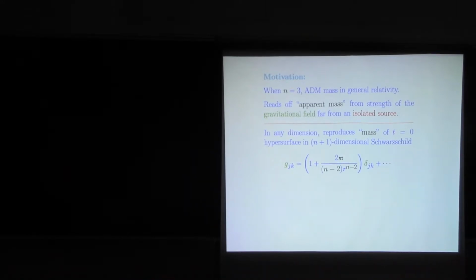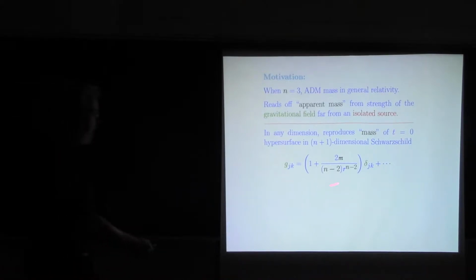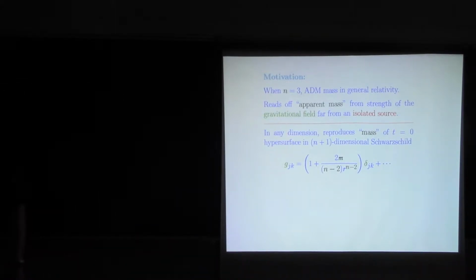So in this particular case, if you were to just forget about the higher order terms, the metric basically looks like the Euclidean metric times 1 plus a certain multiple of 1 over the radius to the n-2. This is a Green's function type of factor.